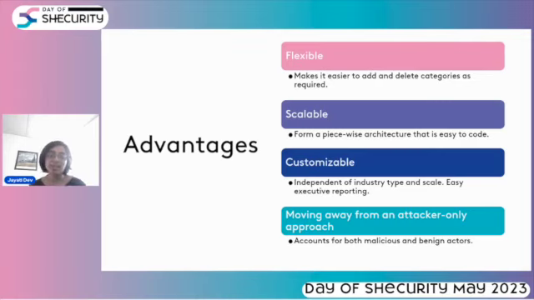It's scalable, it's customizable depending on which industry the application comes under, and it moves away from an attacker-only approach. As you can see in the framework itself, we look at inside or neutral actors who do not necessarily have a malicious intent.